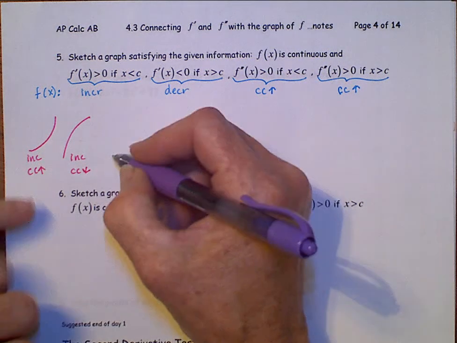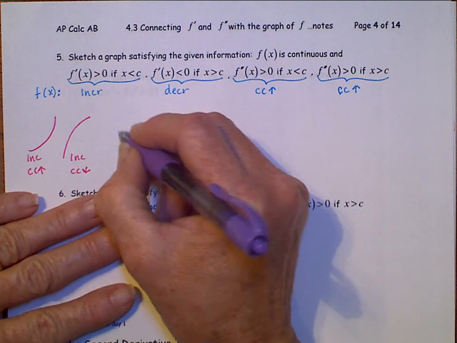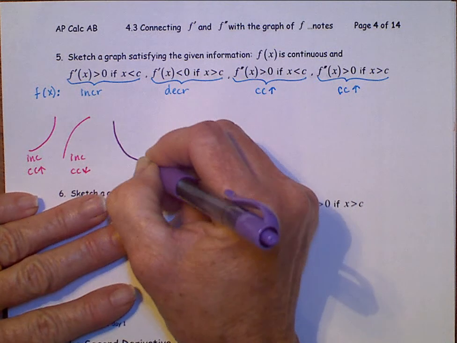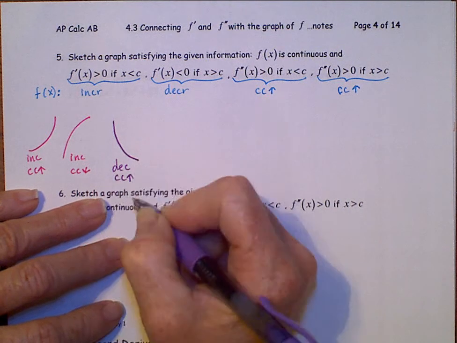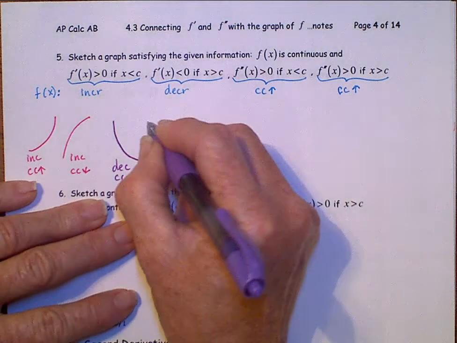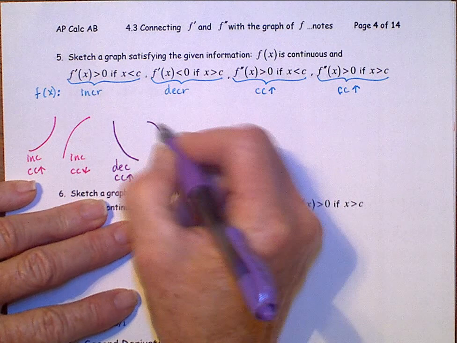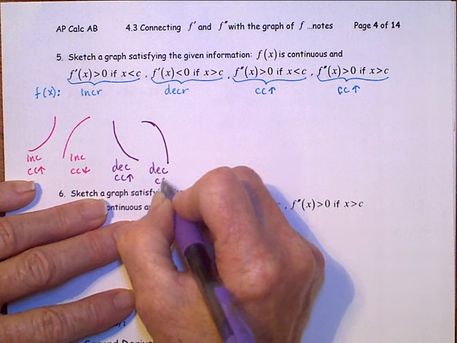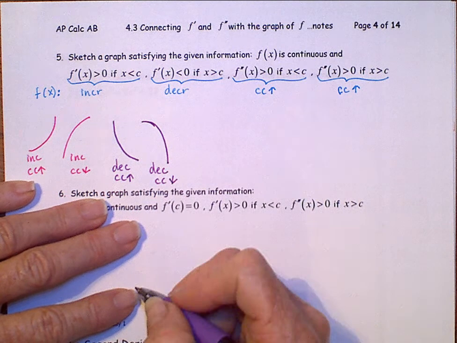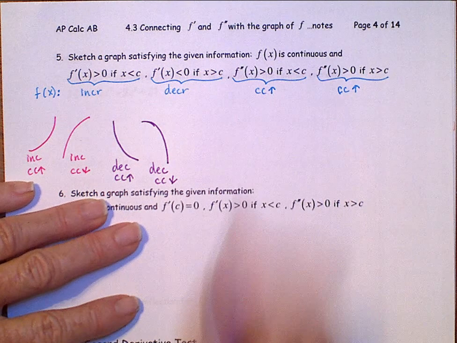A graph like this is decreasing, concave up, and this way is decreasing, concave down. All right, so now we have to put all this information together.